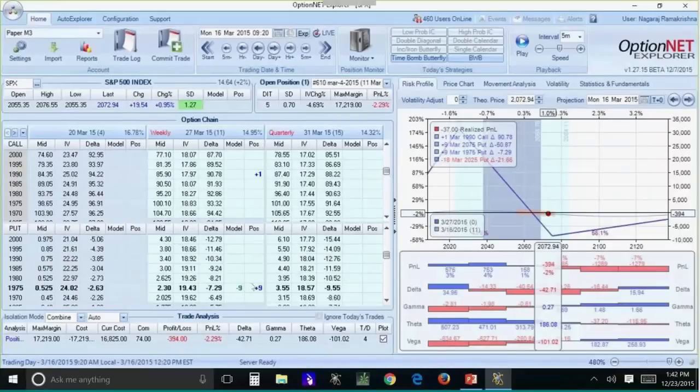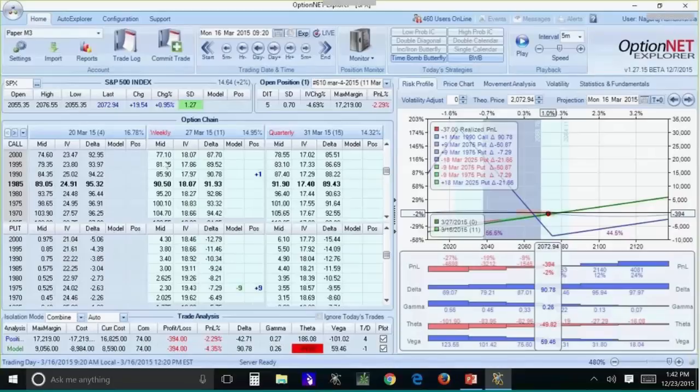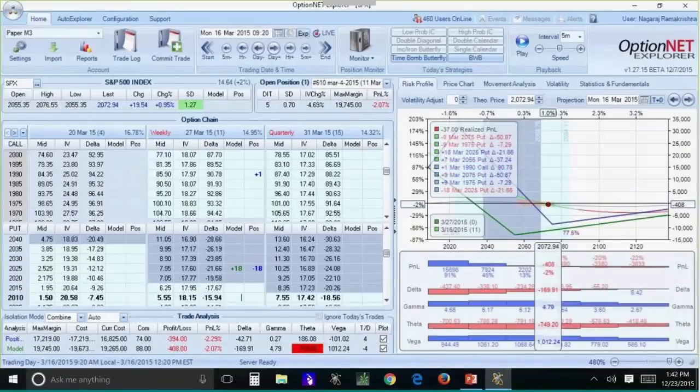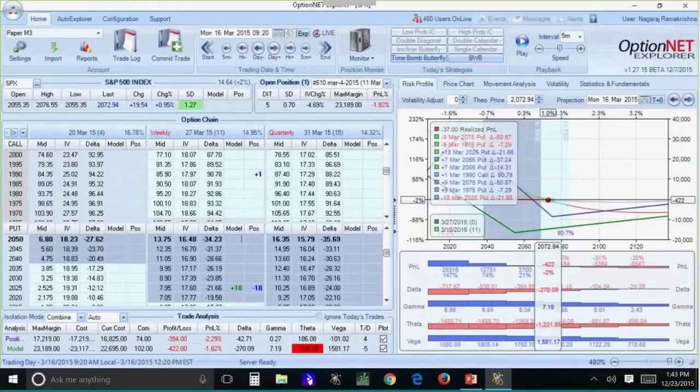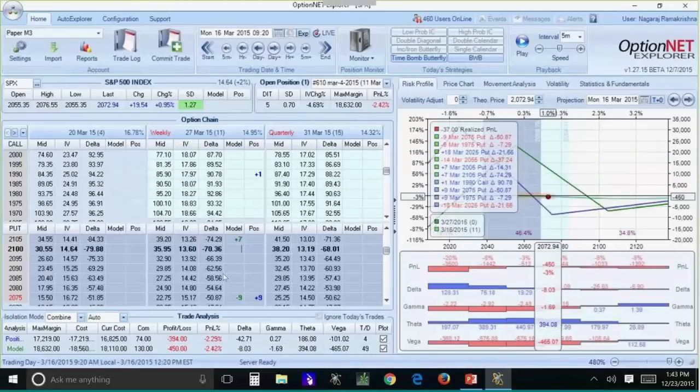So minus 9. That flattens the profile again.